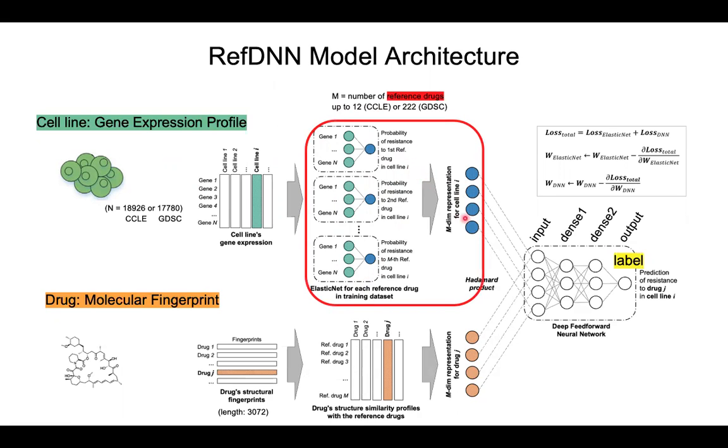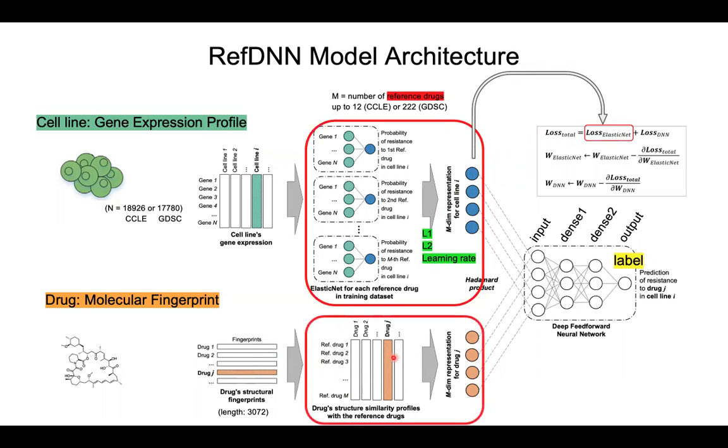Note that these values will be used to calculate a partial loss of this elastic net part by comparing with the ground truth. There are several hyperparameters to tune for this component. On the other hand, a drug represented by a vector of fingerprint is converted to an n-dimensional representation by calculating the similarity of this drug to each one of, again, the reference drugs.